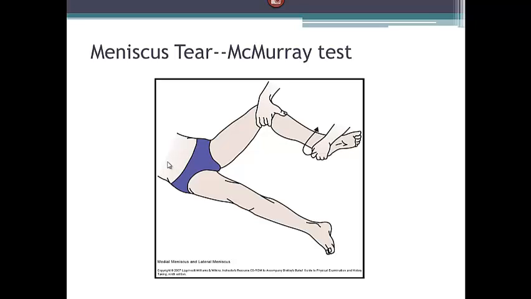Place your other hand on the knee with fingers on the medial side. Rotate the leg inward and out as well to loosen the joint. Externally rotate the leg and push inward to stress the knee. Then slowly extend the knee, and normally the leg should extend smoothly with no pain. If you hear any type of click, the McMurray test is positive, and this is a sign of a meniscal tear or torn meniscus.